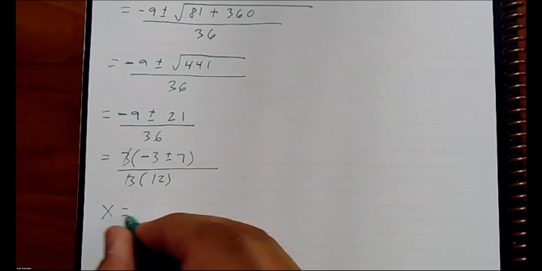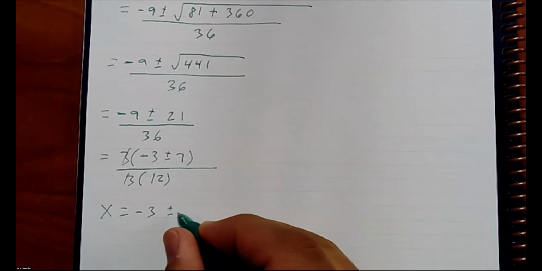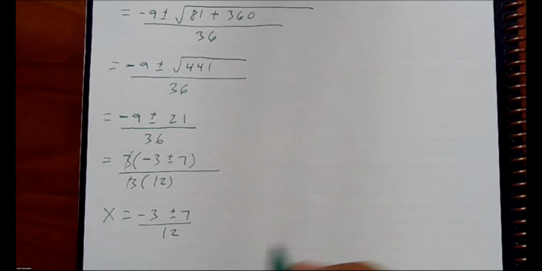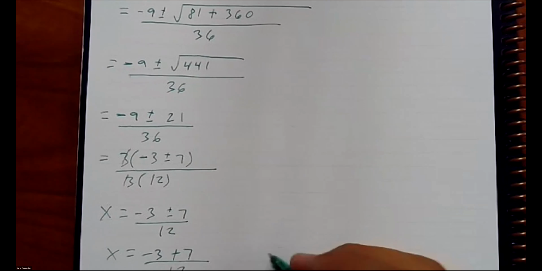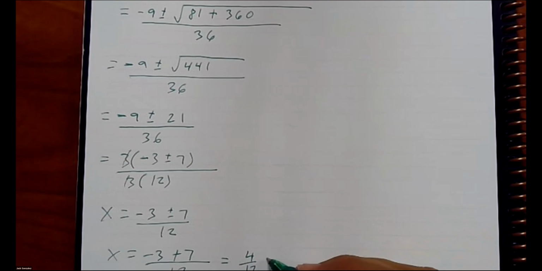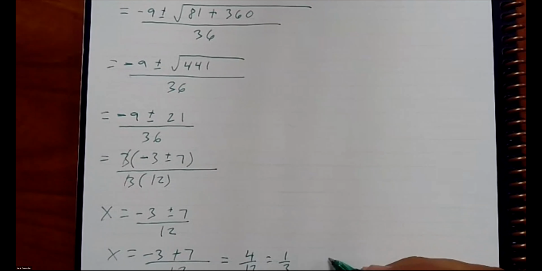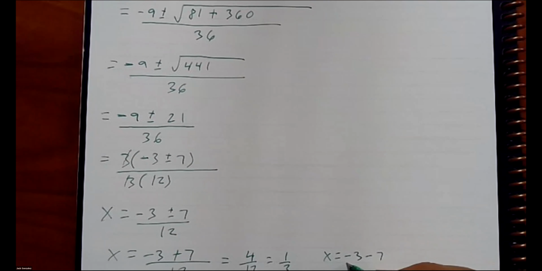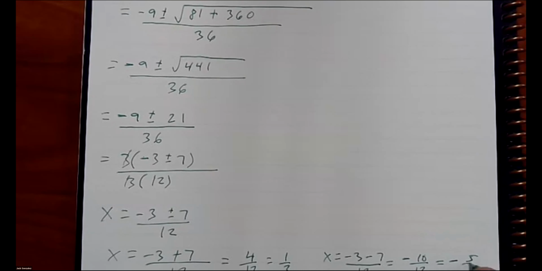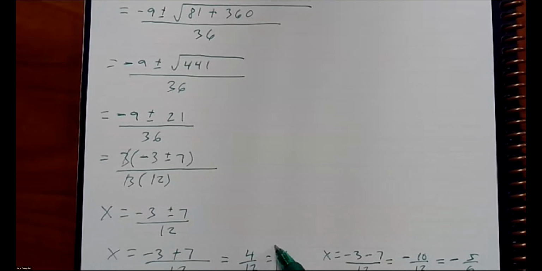So x is equal to -3 plus or minus 7 over 12, which means you have x equal to -3 plus 7 over 12, which is 4 over 12, 1/3. Or x is equal to -3 minus 7 over 12, which is -10 over 12, which is -5/6. So we have two answers.